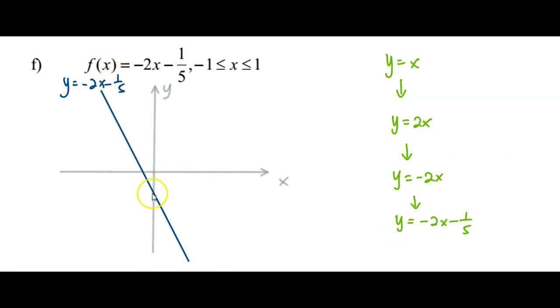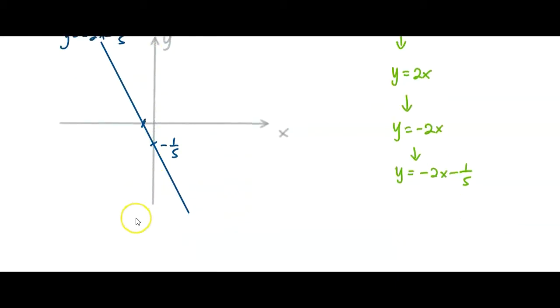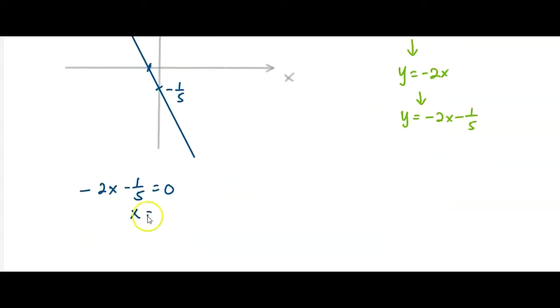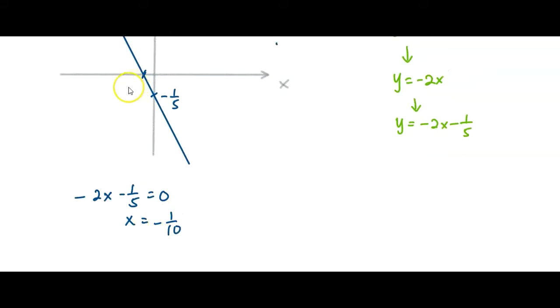Then this y-intercept you can label as negative 1 over 5. If you would like to know this point, you can find it by substituting y equals 0. Putting y equals 0, you will have x equals negative 1 over 10. So here will be negative 1 over 10.